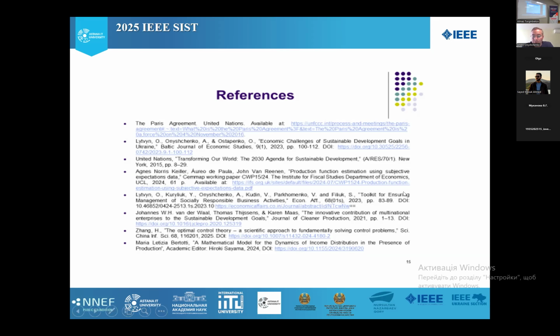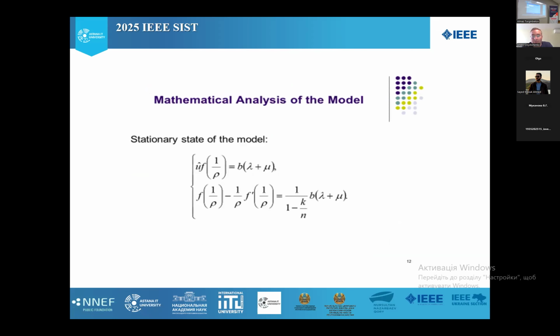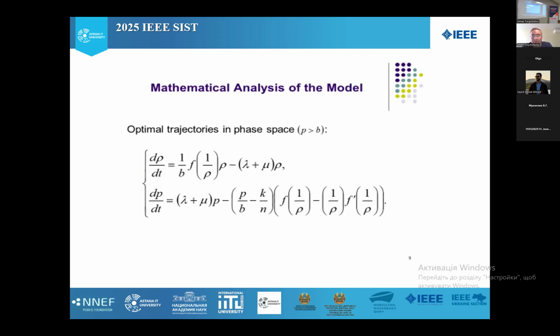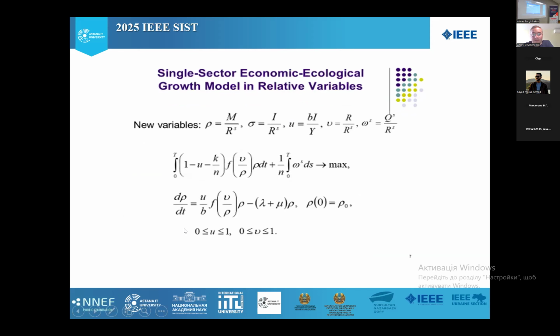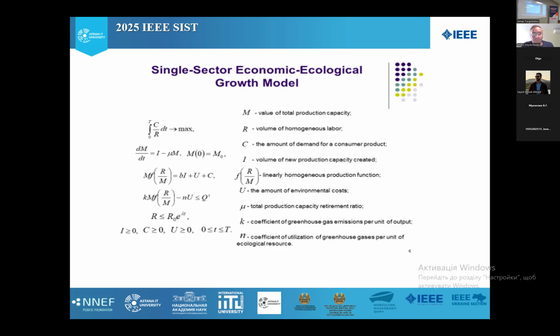In the model, we research the switch point with dual variable or parameters, dual variable p with equivalent parameter, the dynamic of main economic hypotheses with economic output.